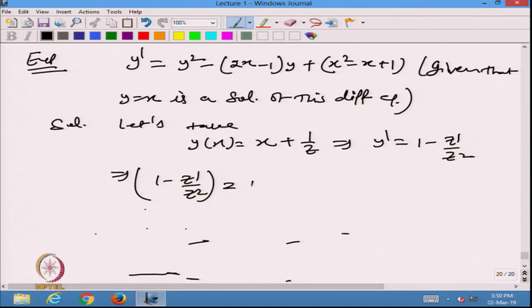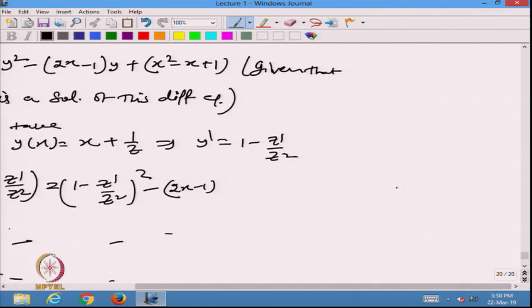It becomes (1 − z'/z²)² − (2x − 1)(x + 1/z) + x² − x + 1. So, this is the equation we got.